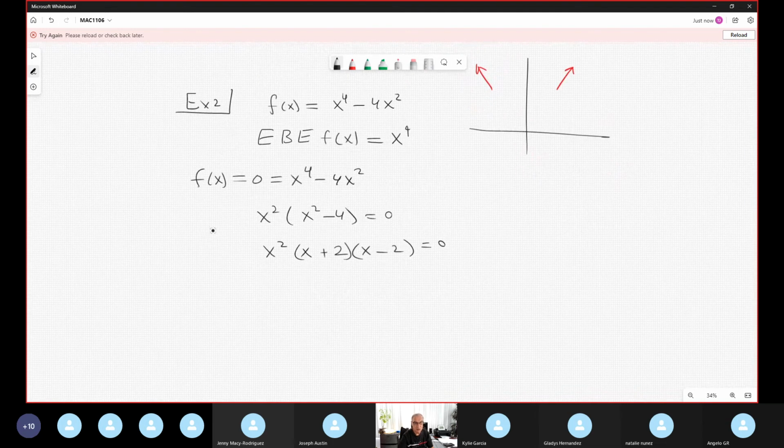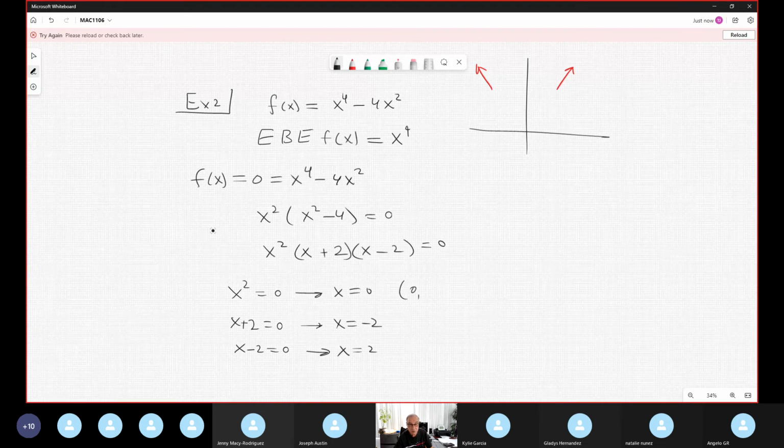Because you apply one more time the zero factor property, x squared equals 0 is equivalent to saying x equals 0, because the square root of 0 is 0, and 0 has no sign. And x plus 2 equals 0, x equals minus 2, and x minus 2 equals 0, x equals positive 2. Now, I plot those points. The points are 0, 0, minus 2, 0, and 2, 0. So 0, 0 is the origin.